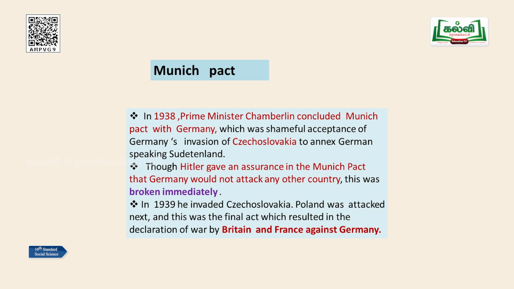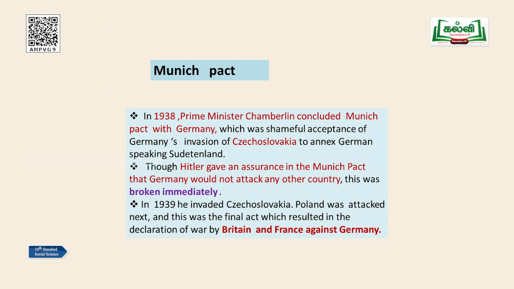What is the feature of the pact? It was a very shameful acceptance of Germany's invasion of Czechoslovakia to annex the German-speaking Sudetenland. At that time Hitler gave an assurance that Germany would not attack any other places.